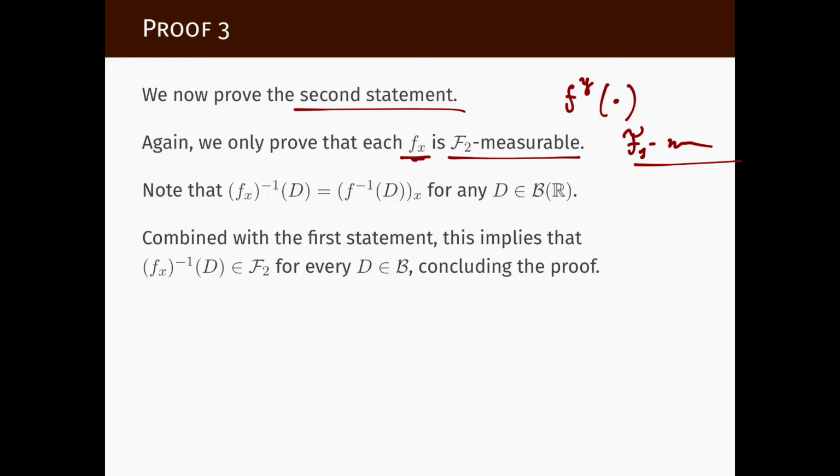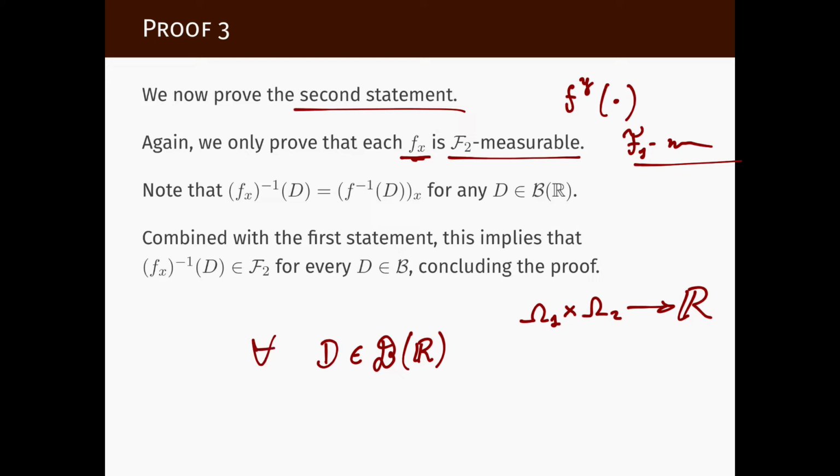And how do we show that? Well, we want to show that for every set D in whatever is the sigma algebra of the target space, and here we are taking it to be Borel sets of R, but it could have been any space, really. So these are functions from omega 1 cross omega 2 to any third space, but we're taking it to be the real line. How do we show that the function is measurable?